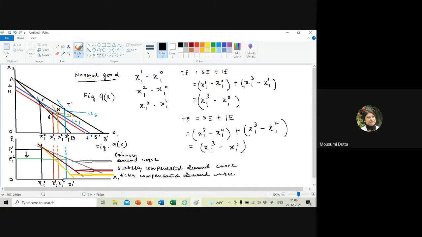It is possible to keep the consumer at the initial purchase point.